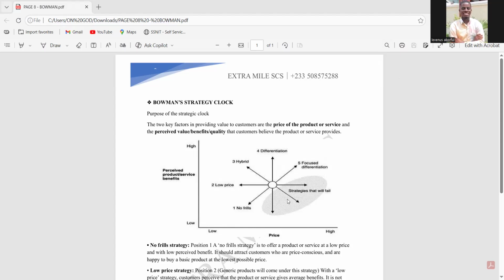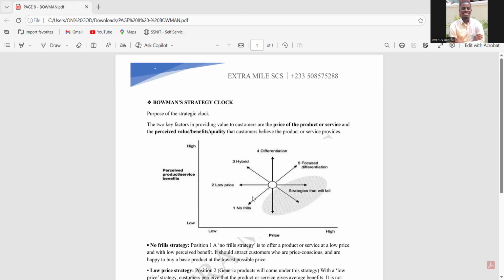Now the diagram has 8 points, starting from the side, which is called the no-frills. Bowman said, from 1, 2, 3, 4, 5, these are strategies that, when you employ them as an entity, you will gain competitive advantage over your competitors.